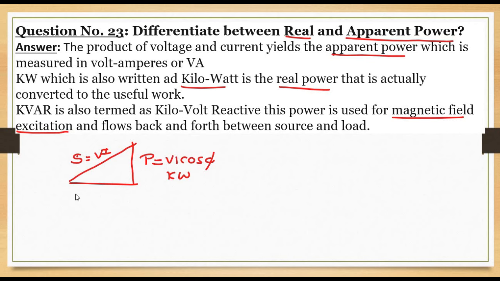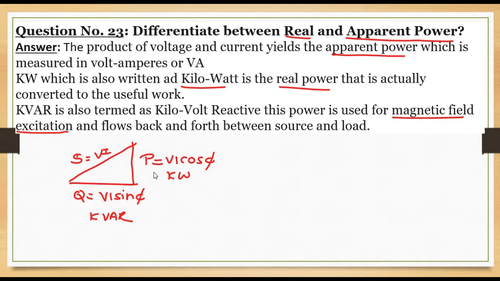The base side is known as reactive power, denoted by Q. Its formula is VI sin phi and its unit is kilovolt ampere reactive.